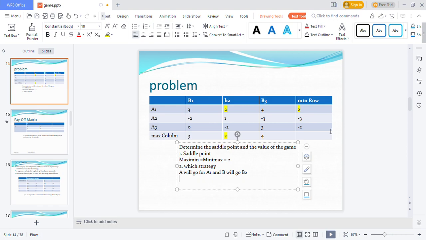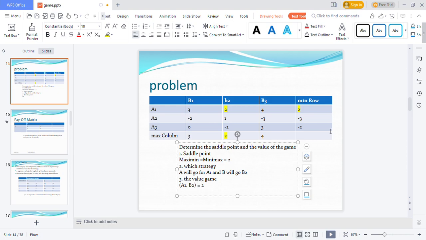So the value of the game, for A1 and B2, gives us 2.